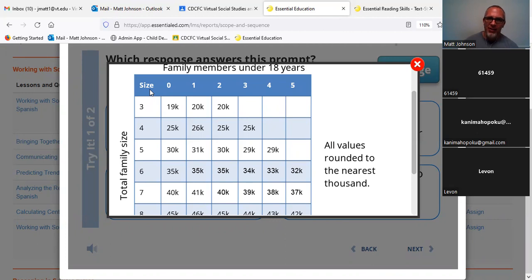So 25,000 for 2 children, 25,000 for 3 children, and then you see that trend continue for the rest of the chart. Same thing for 5. It's 30,000 for 5 household members, and it increases to 31,000, but then it starts going down the more children you have in there.